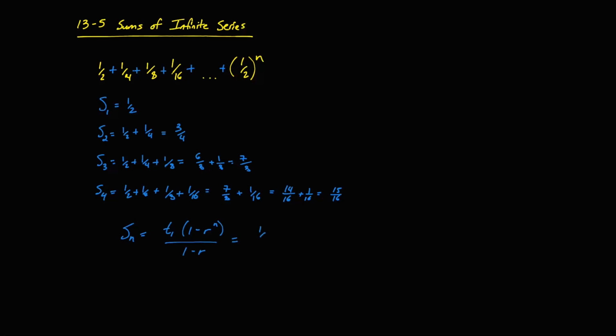Remember, this is geometric because it's multiplied by 1/2. So the first term is 1/2, and we have 1 minus 1/2 raised to the n over 1 minus 1/2. What does that equal? We can cancel this out, and it simply comes out to 1 minus 1/2 raised to the n. If this jump didn't make sense, please take a moment to look through it and try it out. I guarantee it does, but sometimes it helps if you actually do it yourself.